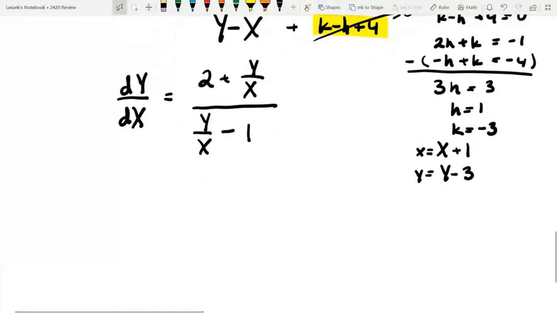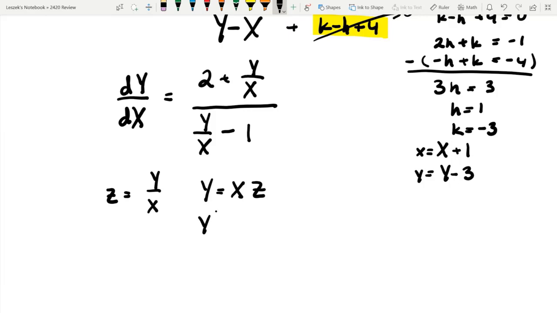Great. But then, of course, we've got to go through, let's let z equal y over x. And then differentiate using a product rule here, remembering that z is a function of x ultimately.